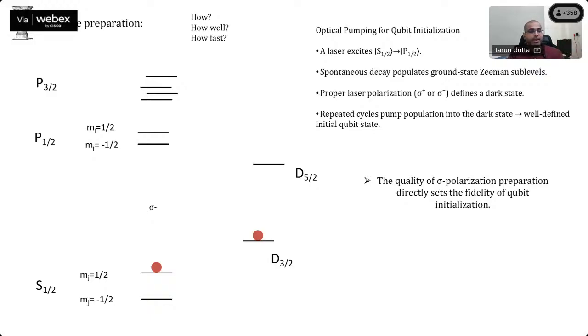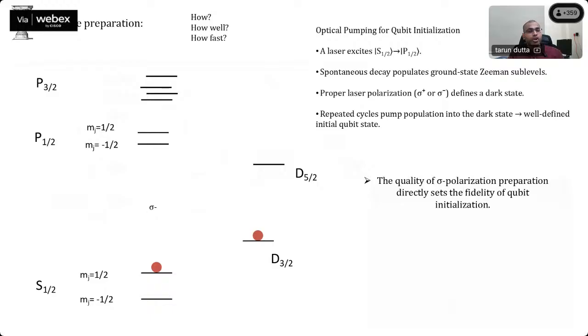I want to prepare in the S mj = -1/2 state. That is why I am using optical pumping over here. Both 493 and 650 lasers are on, as you can see. But here I mentioned the 493 laser is supposed to have sigma minus polarization, so that the population will end up in the mj = -1/2 state.